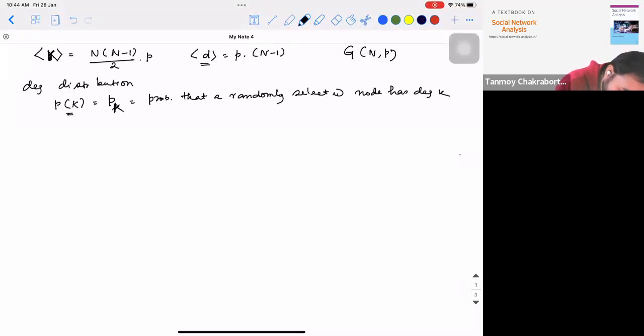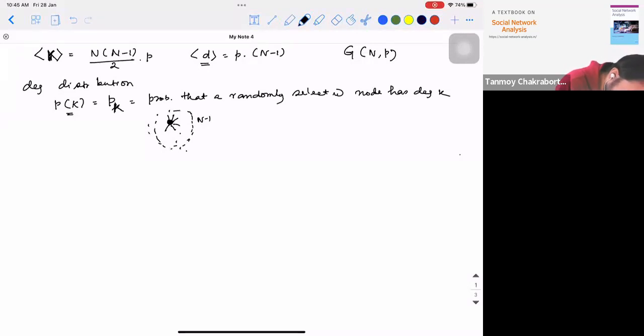For a particular node, there are n nodes in total; if you do not consider this node, there are n minus 1 nodes. To get k connections for this node, we need to choose k nodes from these n minus 1 nodes.